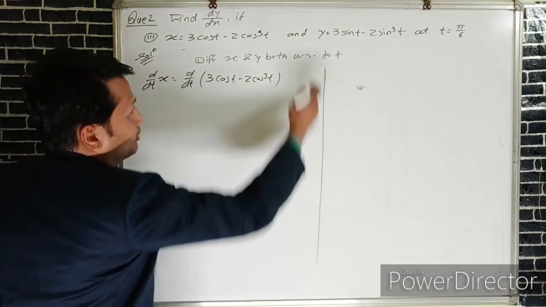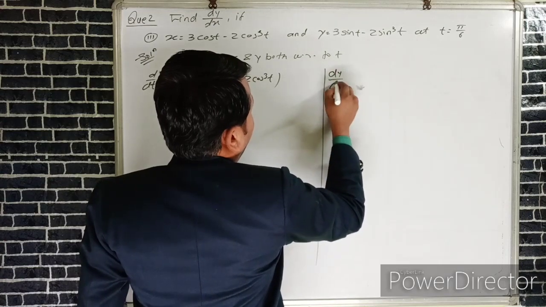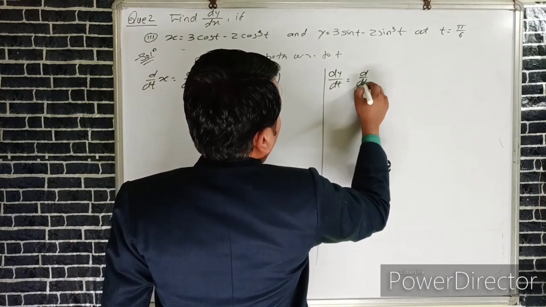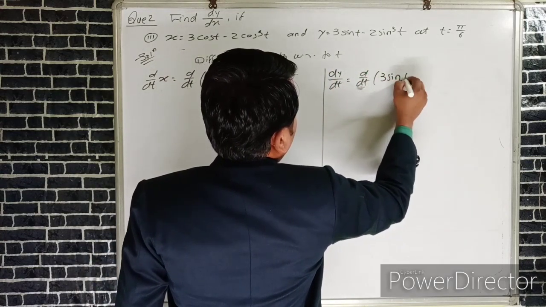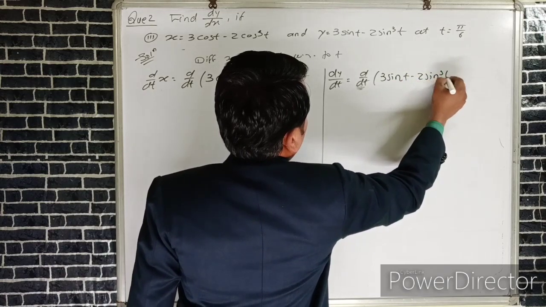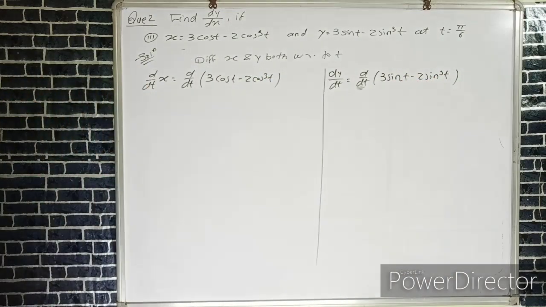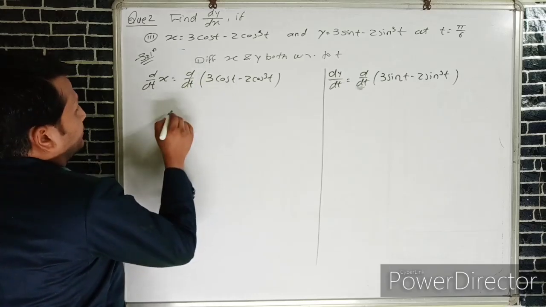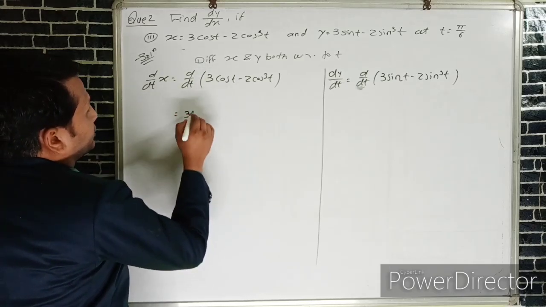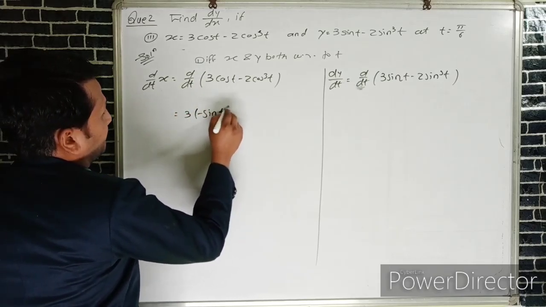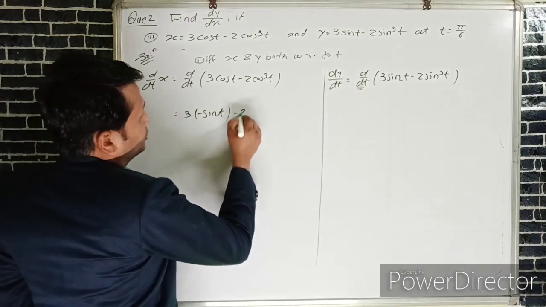Again we can write derivative of y, which is dy upon dt, is equal to derivative of 3 sin t minus 2 sin cube t. Now here 3 is constant and the derivative of cos t is minus sin t. Again minus 2 is constant.